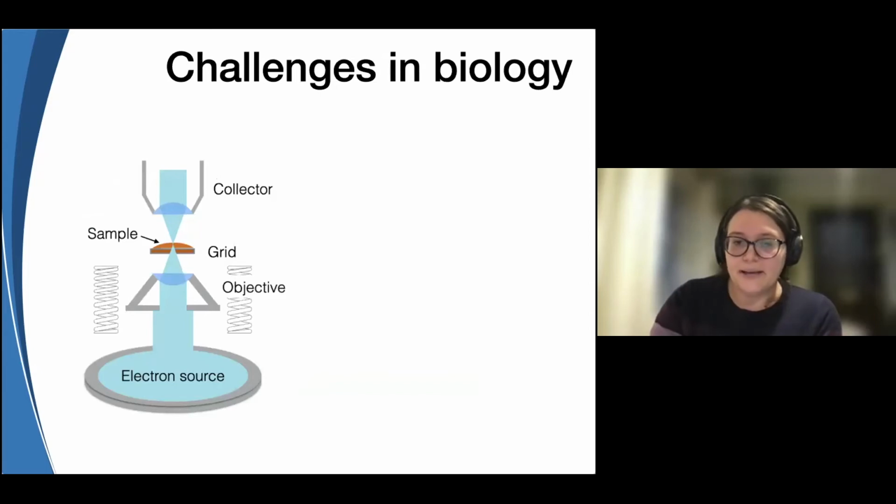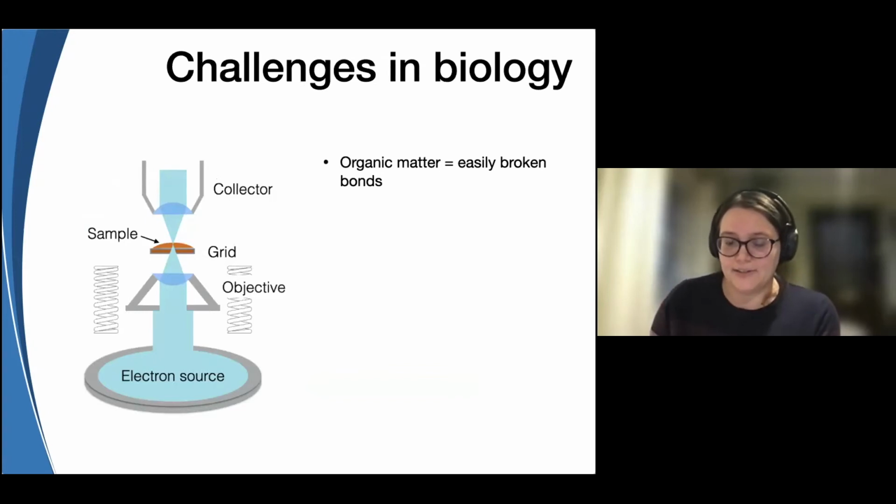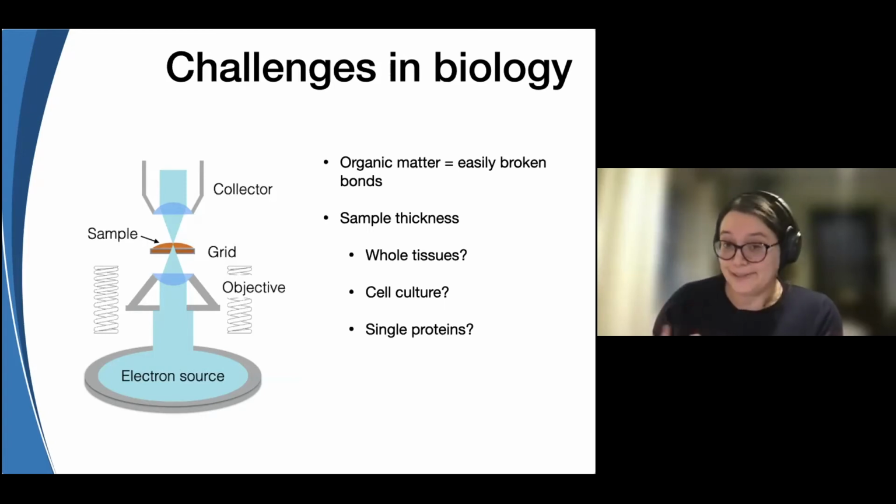So in biology, the main challenge that we've got with getting a sample in is that organic matter has lots of quite weak bonds. And these bonds are really easily broken when you hit them with high energy electrons like we have to do in the microscope. I already mentioned that you can't use a glass cover slip in a microscope, and that's primarily because it's way too thick.